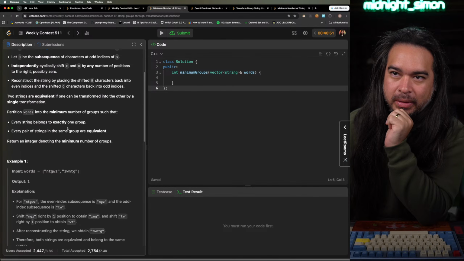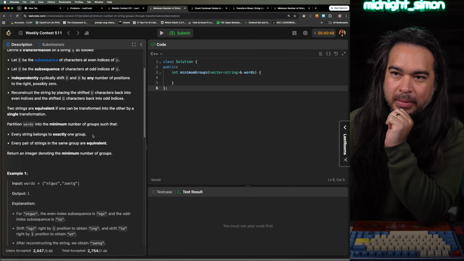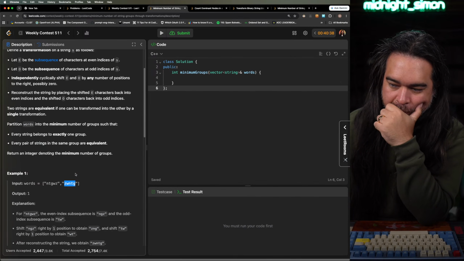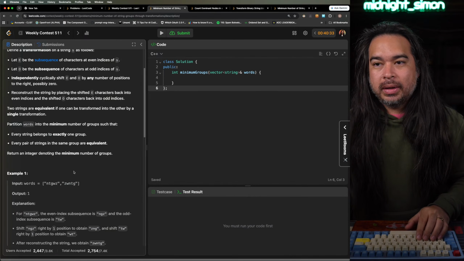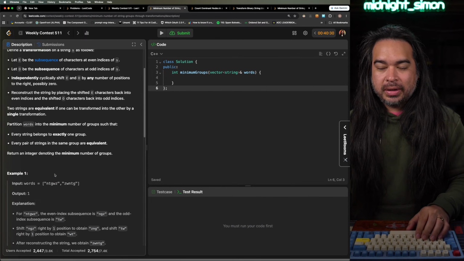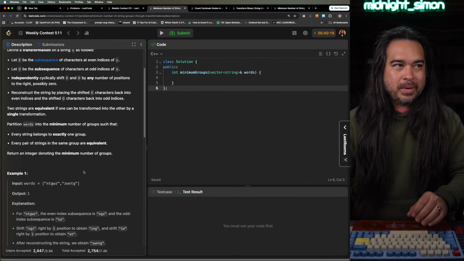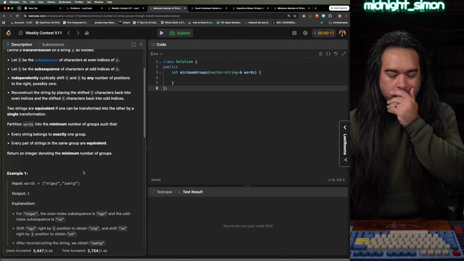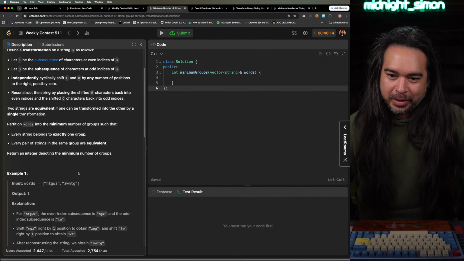Okay. And then they're asking, how many of these can we make in the same groups, basically? So if one string is equivalent to another string, that means like if A equals B and B equals C, then A must equal C. How am I going to solve this?